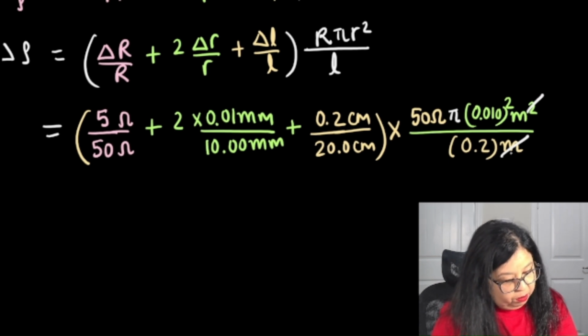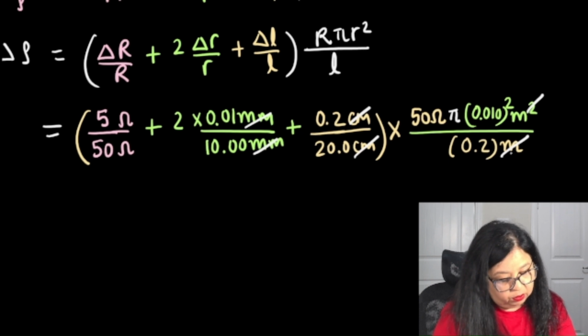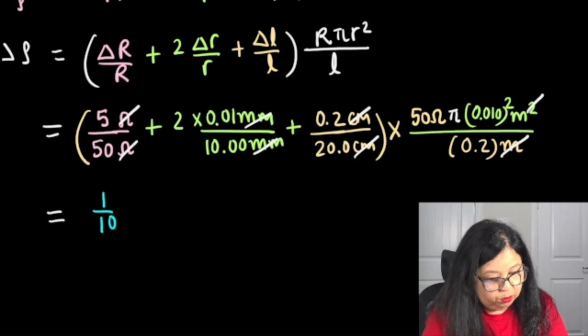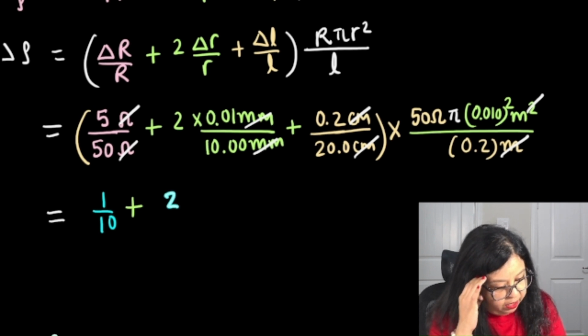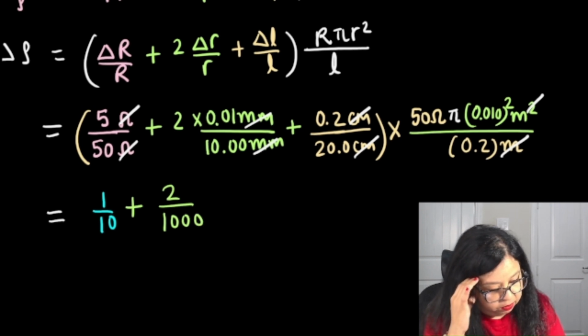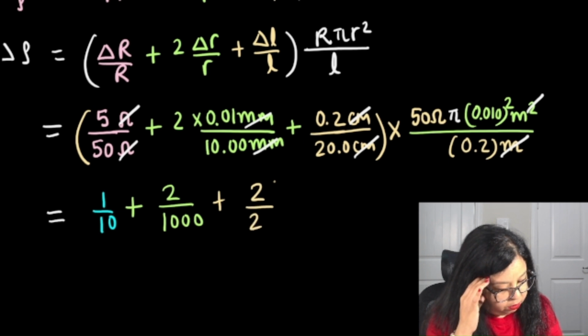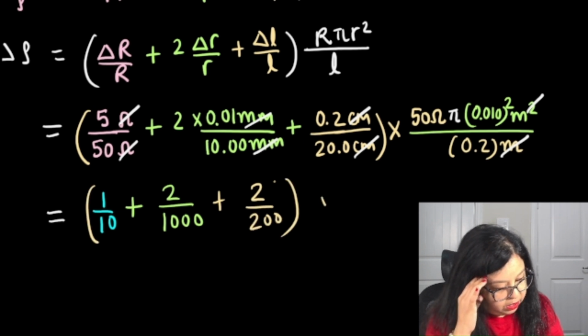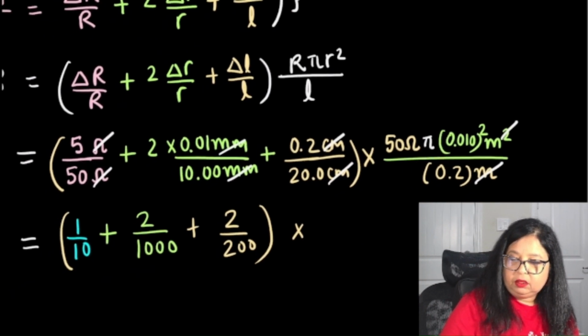And when we come inside the parentheses for the relative errors, all of the units cancel out. 1 over 10 plus 2 divided by 1000 plus. Third term, what does this give us? 2 divided by 200. Times. Alright, let's go ahead and calculate the resistivity.